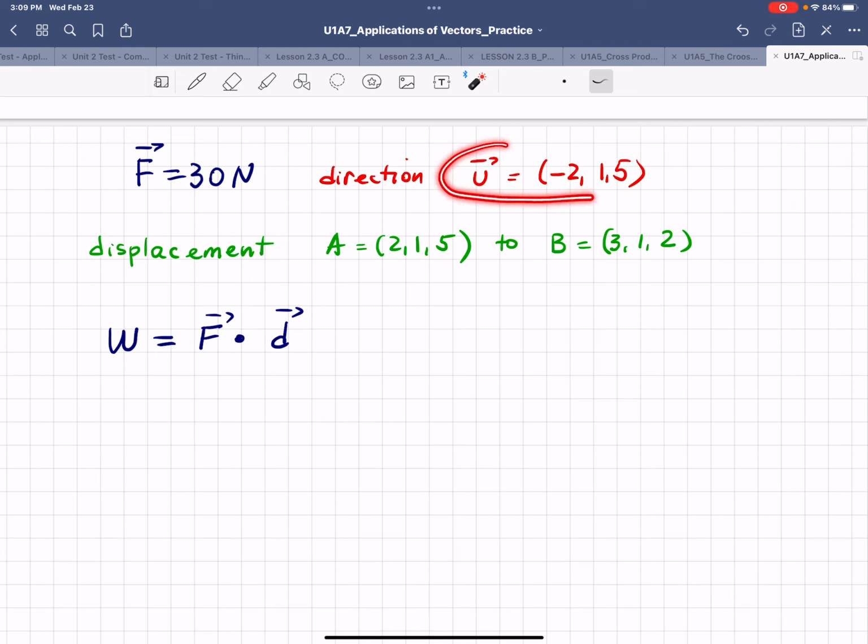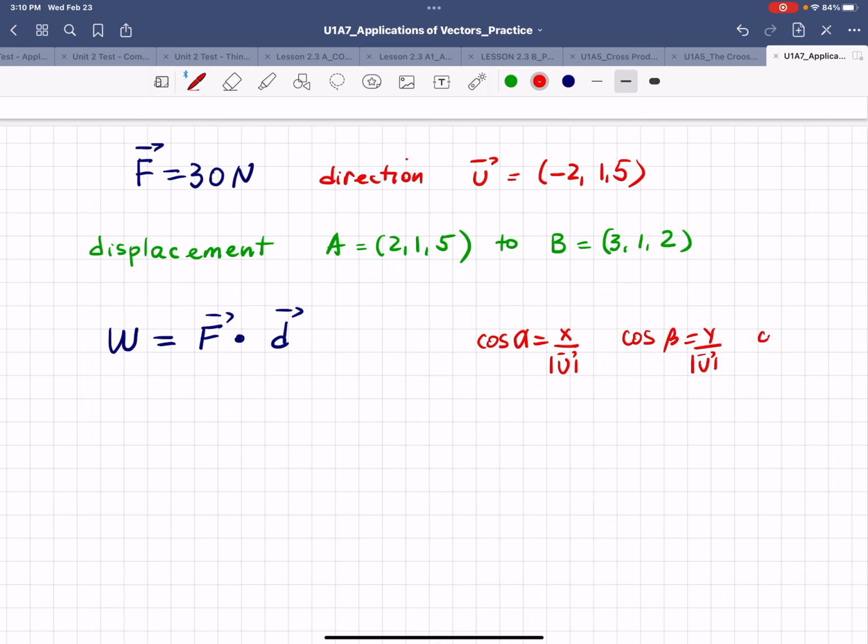It is more convenient to find the direction cosines for vector u because we know all three coordinates. Cos alpha, the angle made with the x-axis, is x over the magnitude of the vector, cos beta is y over the magnitude, and cos gamma is z over the magnitude.